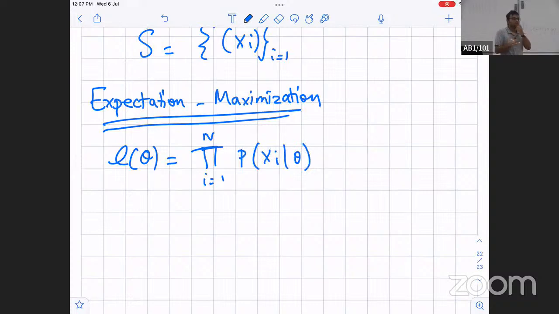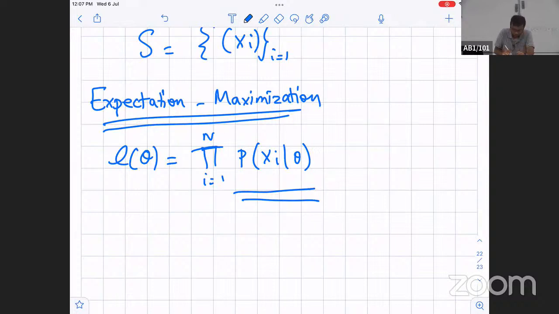So this is the likelihood. What is the probability of seeing the ith point given theta? Multiply it with seeing the i plus 1 point. All these points you multiply, you get the total probability, right? So this is your likelihood. Now the problem is this likelihood is hard to compute.